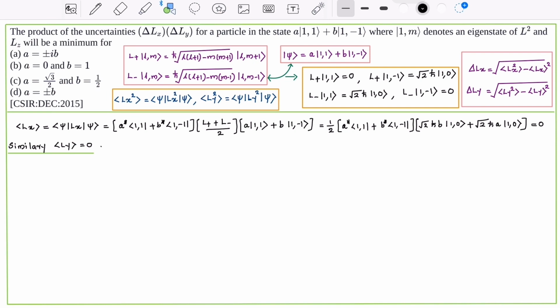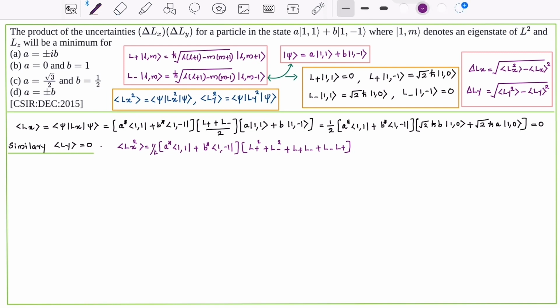Now let us find out the expectation value of Lx square and Ly square. The expectation value of Lx square is equal to A star <1,1| + B star <1,-1|. Then what is Lx square? Lx square is nothing but L plus square plus L minus square plus L plus L minus plus L minus L plus, then psi.